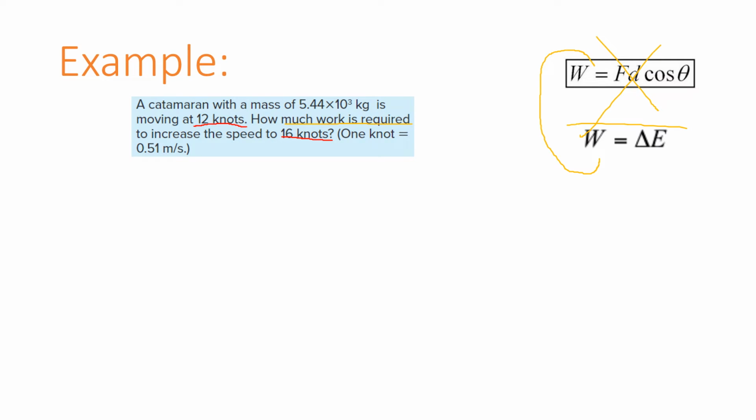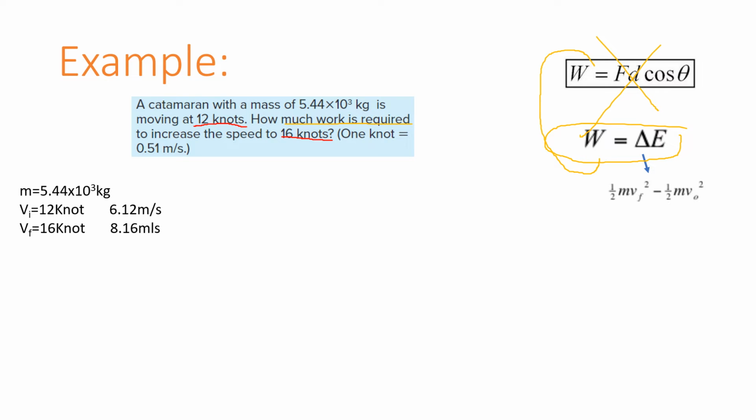We'll use the second equation because we have both velocities and mass. We have mass, the initial velocity and the final velocity.